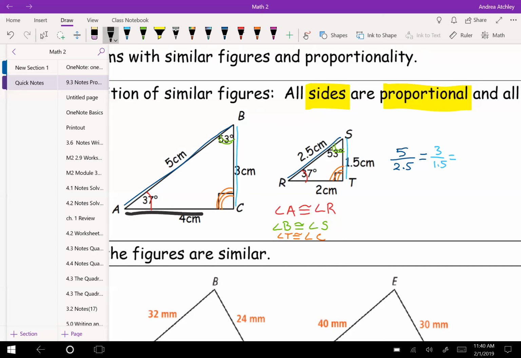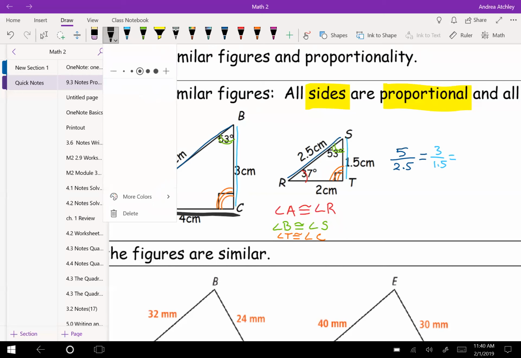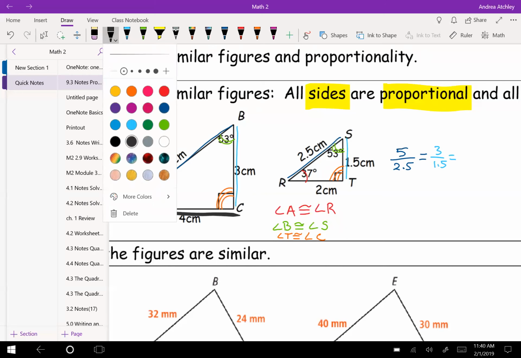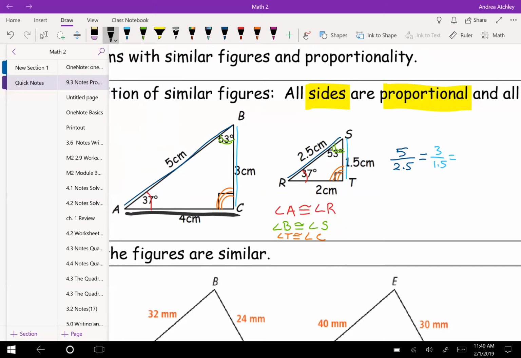Then we have AC, which is 4, and RT is 2. Does that make sense?